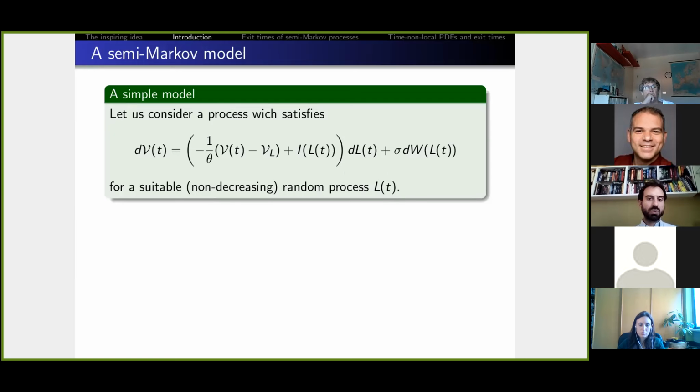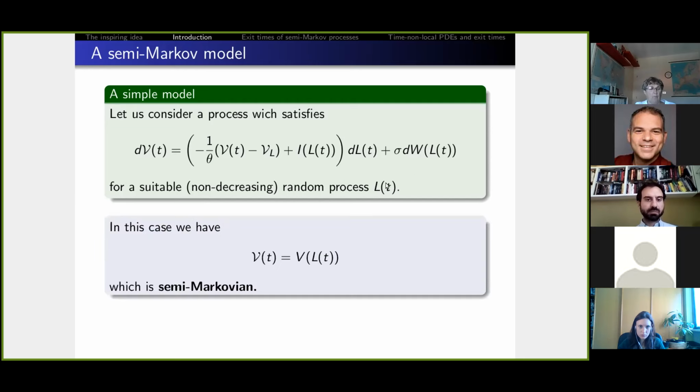So we are introducing something which makes things faster or slower randomly. Of course, this is not an arbitrary process, and what I will tell you now is how to construct it: how to choose this capital L, and the possibilities you will have in order to fit your data. This is the idea.